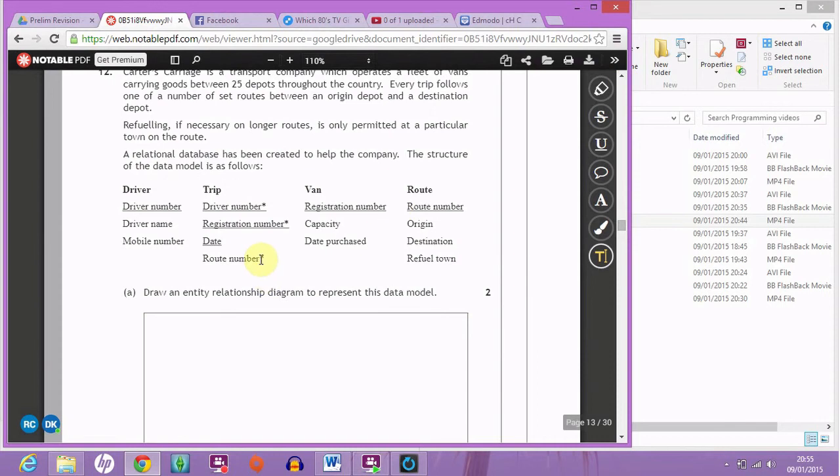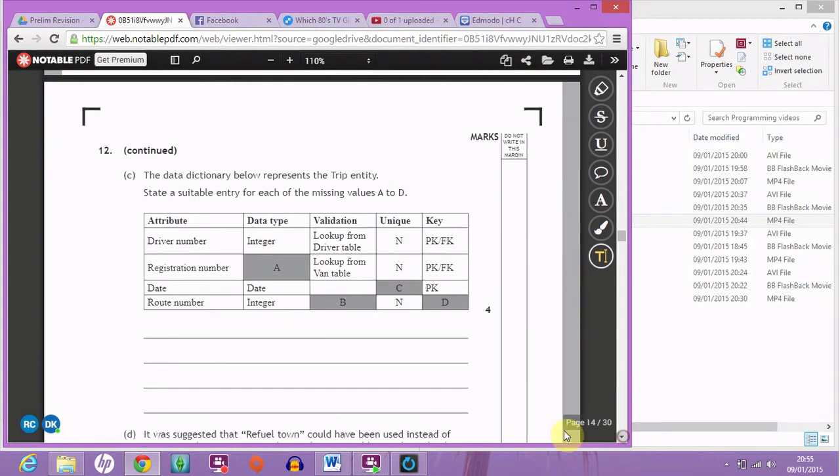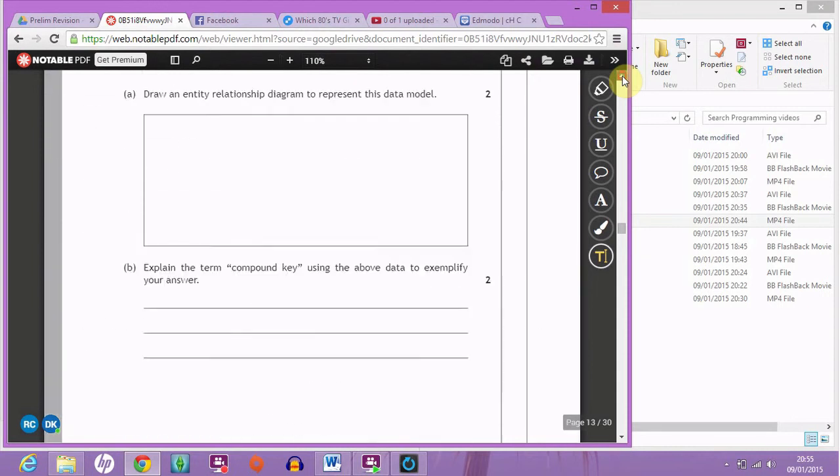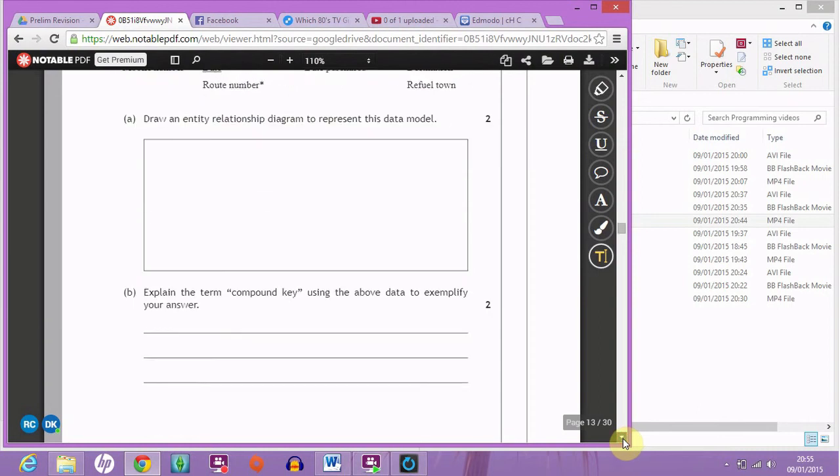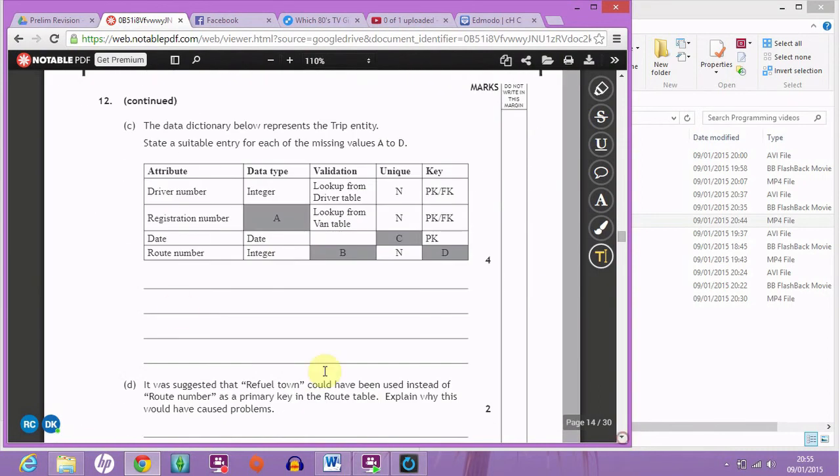Oh look, it's got an asterisk, which means it's a foreign key, so my validation for that must be lookup from and then the name of the table, and the name of the table will be the route table. So let's just double check, lookup route table. So underneath I would write B equals lookup from route table.